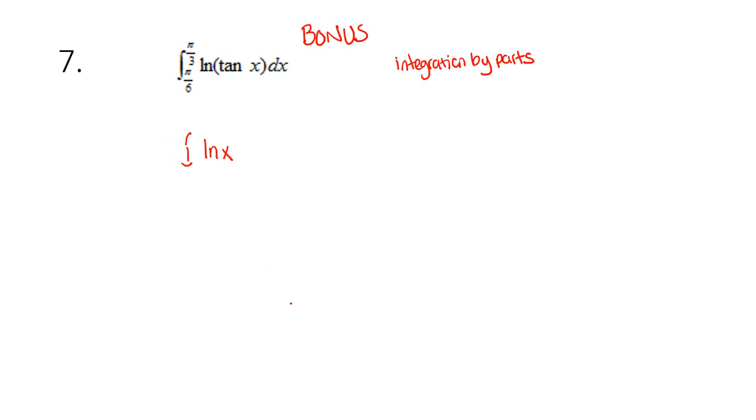And in order to do a problem like this, I'll get you started. I wanted you to say that the u was the ln of x and the du is 1 over x, which we don't have. So you would have to multiply the whole thing by an x, and then you have this.